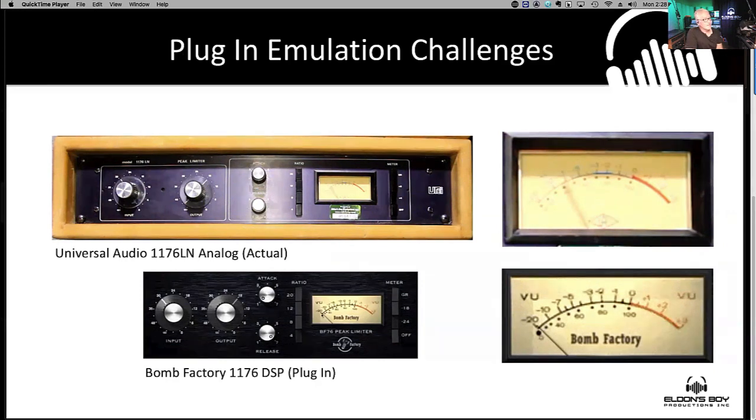So in this situation, in the Bomb Factory plug-in, at least from what I'm gathering, -20 on the VU scale is line level, which would also mean 0 on that VU is the top of the scale, dBFS. What that means for the 3 dB above it, I have no idea. You seeing the challenge there?